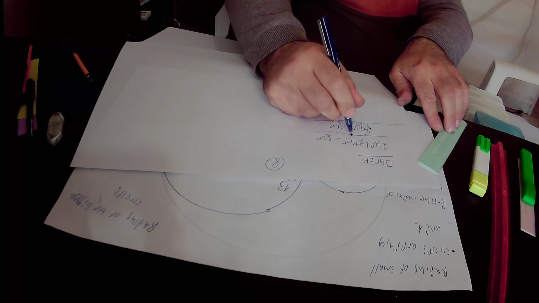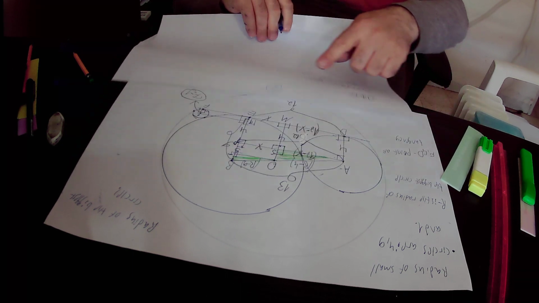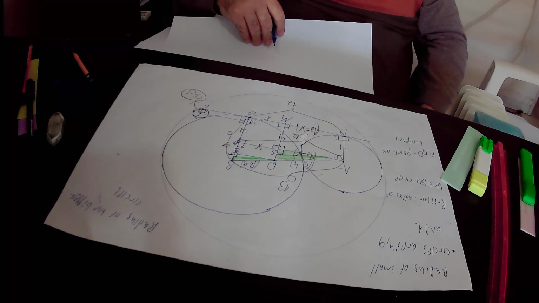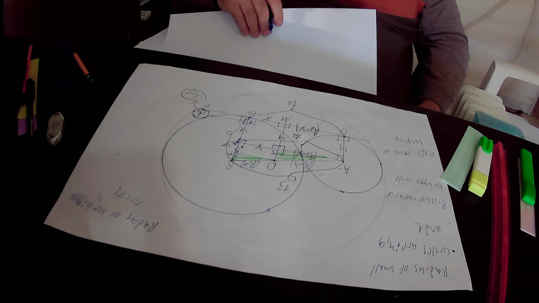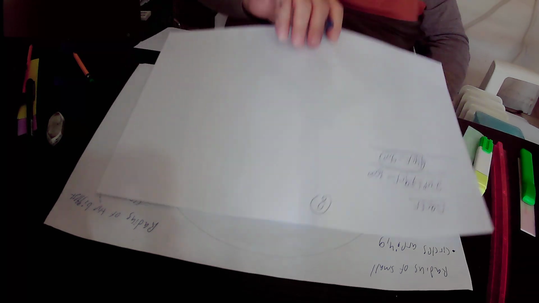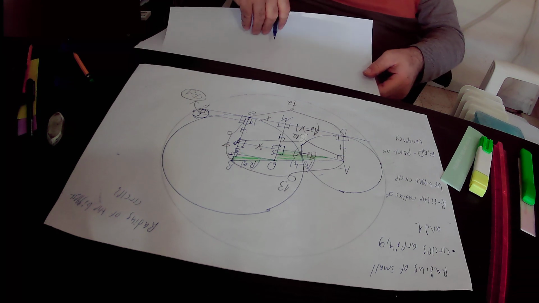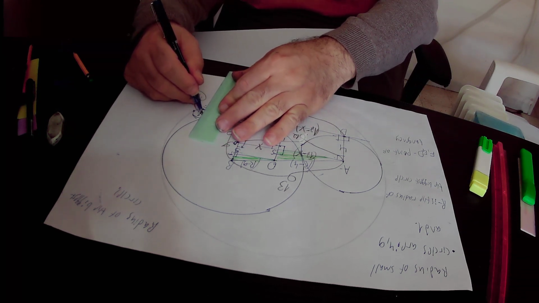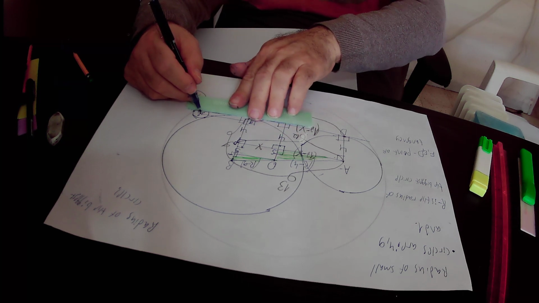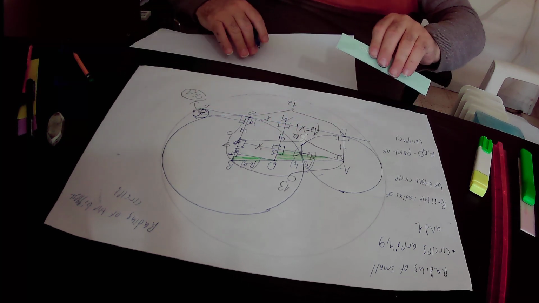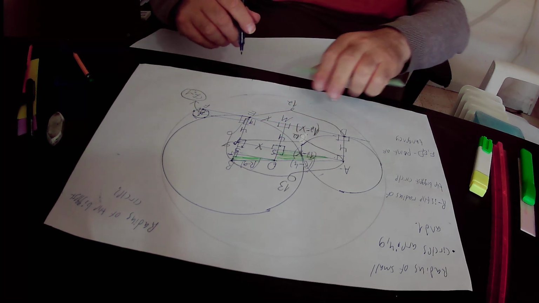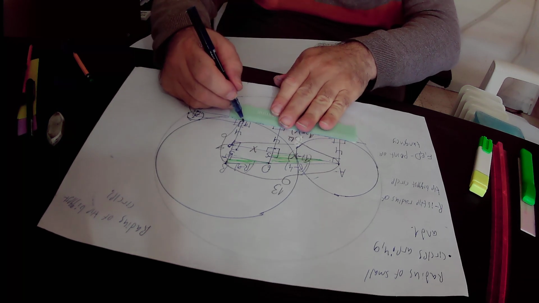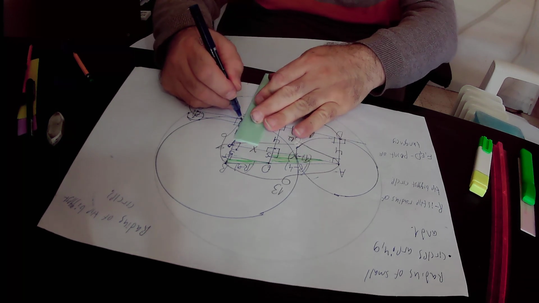So this angle is a right angle. So quadrilateral QCEF, which has 4 right angles, is a rectangle.